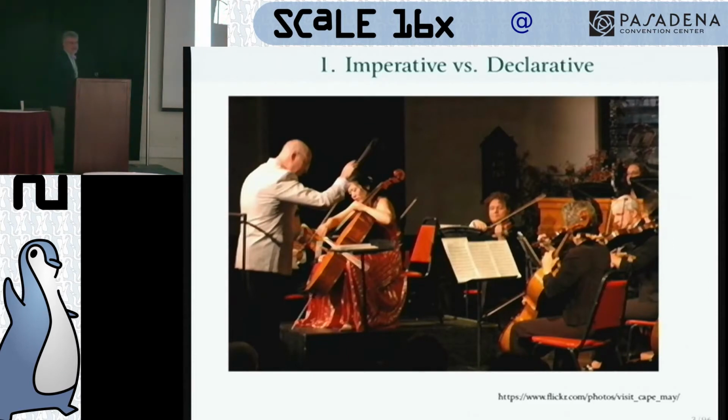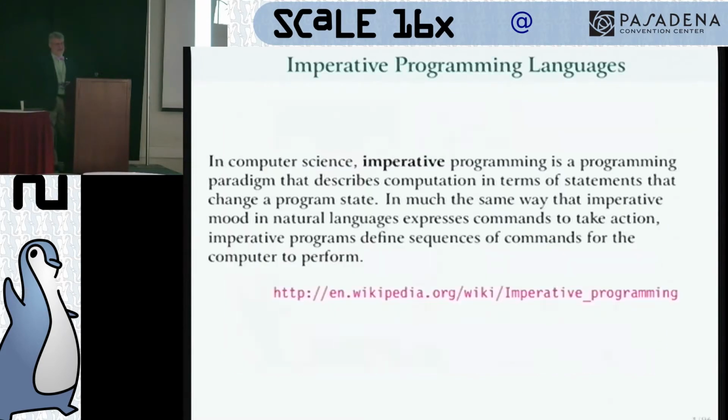Great. Okay, first, imperative versus declarative, and we have a gentleman with a baton, instructing the quartet how to play the music. Imperative programming languages. These are languages you're probably familiar with: C, Java, Perl, Python, JavaScript. These are languages where you tell the computer what to do.